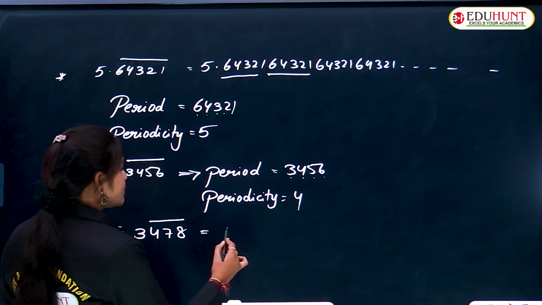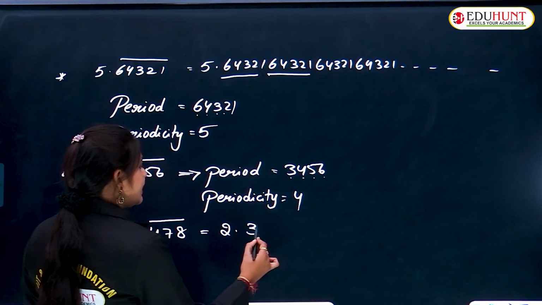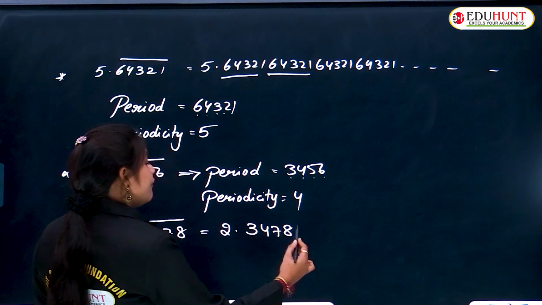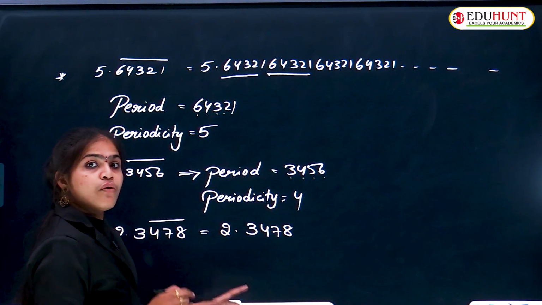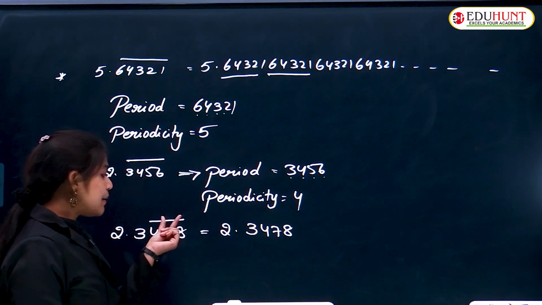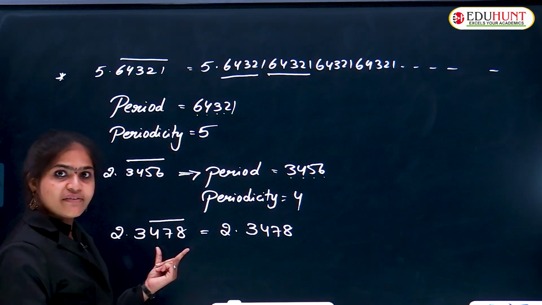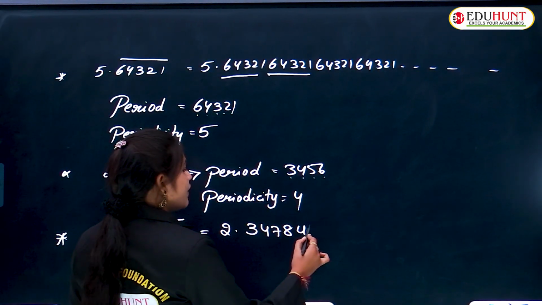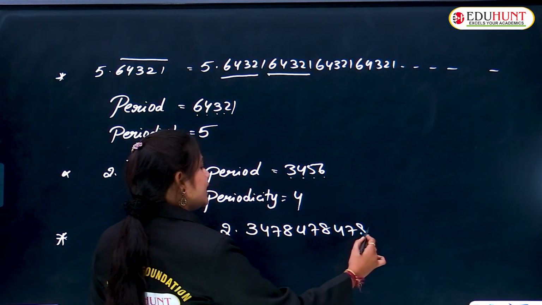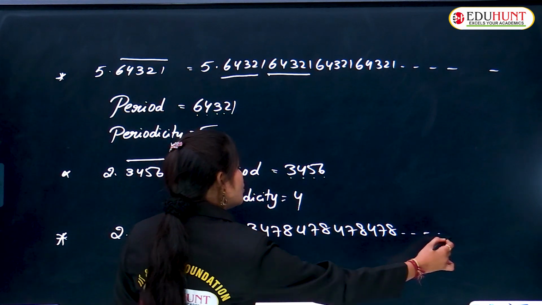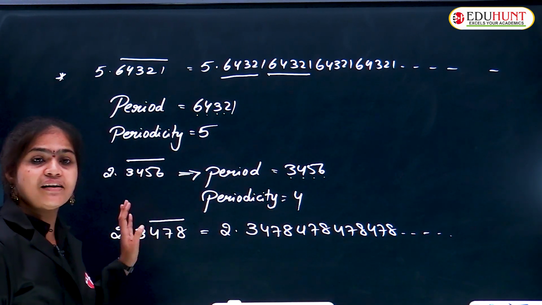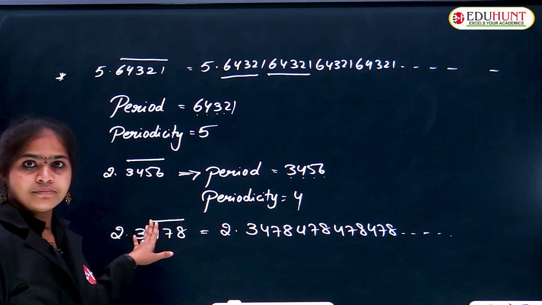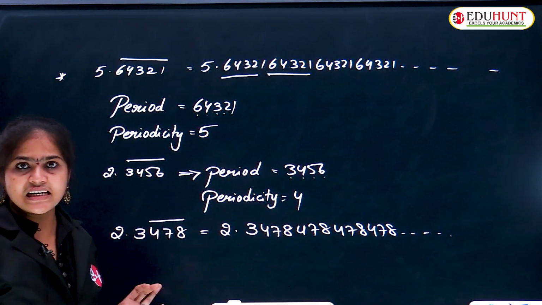Now how to write this? Which number do we write again, 3478 or 478? 478 only, because the bar symbol is on 478 only. That's why 478, 478, 478 and so on. We should not write 3 in repetition, because the bar symbol is not on the 3.